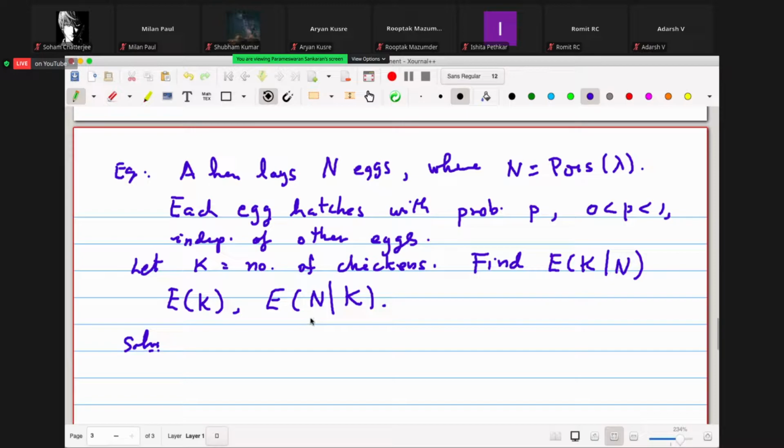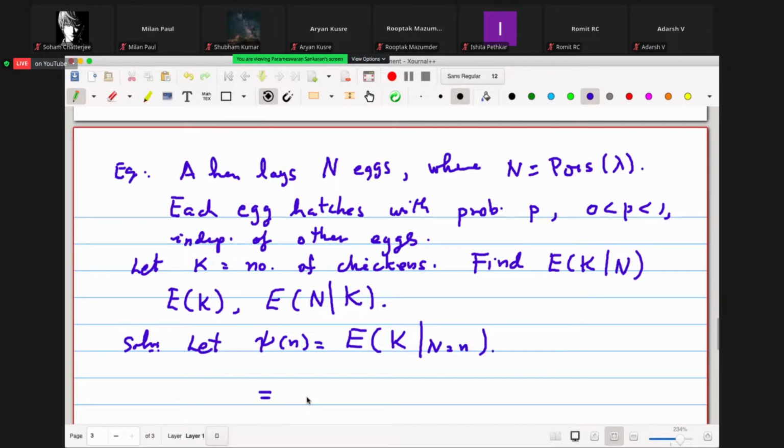So you have to find 2 random variables and 1 real number. Okay, so let us write psi of n is equal to E of K given capital N equals n.